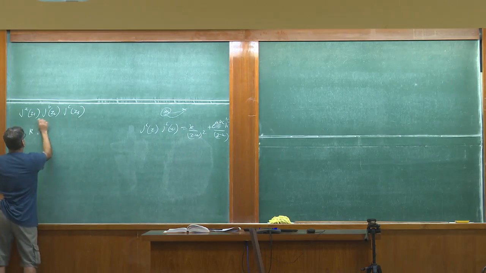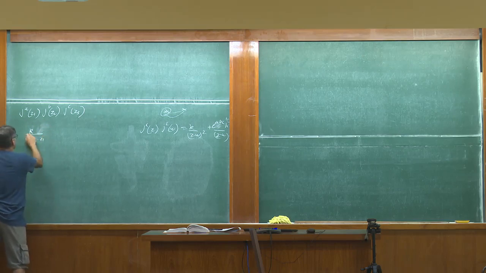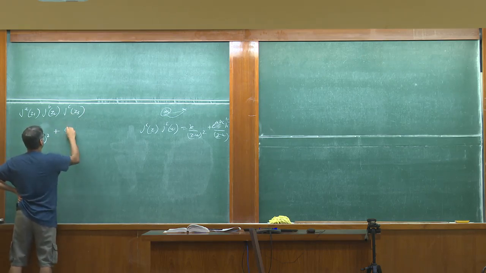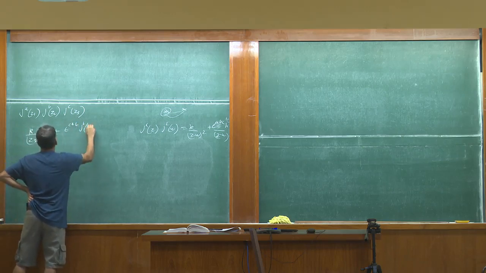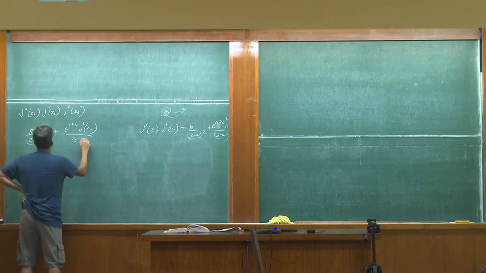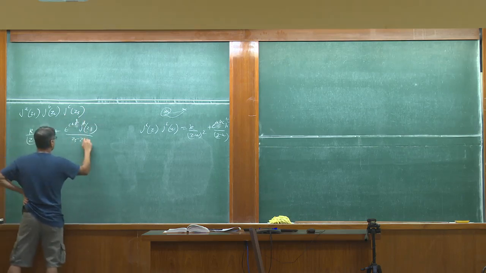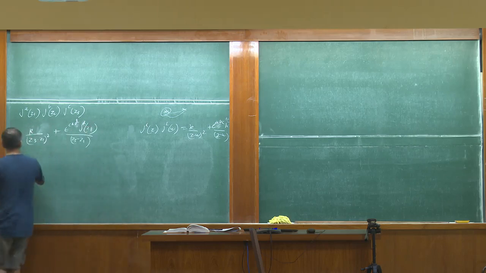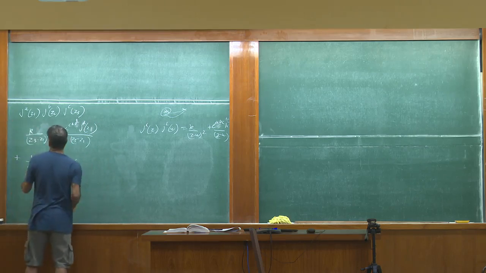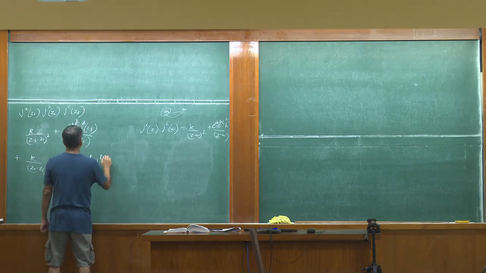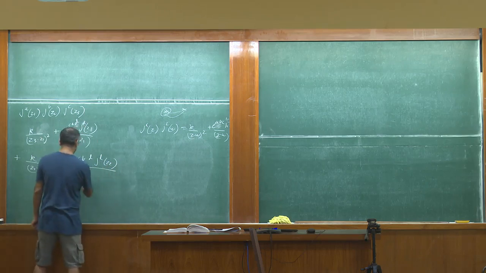For instance, we get k divided by (z3 minus z1) the whole thing squared, and that's just for the 1, plus then epsilon^{CAB} J^B(z2) divided by (z3 minus z1), plus k divided by (z3 minus z2) the whole thing squared, plus epsilon^{CBD} J^D(z2) divided by (z3 minus z2).